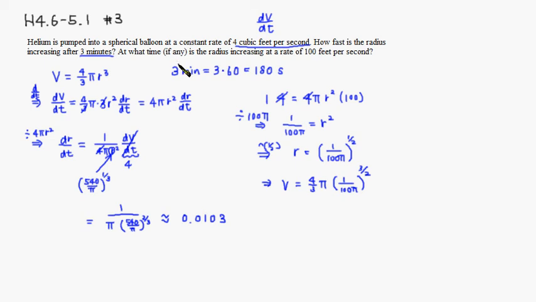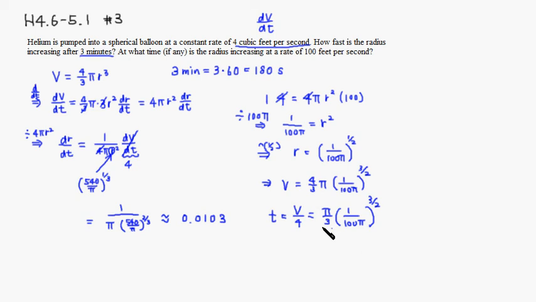Once you have the volume, then we know at what time. Each second, it's going to increase 4 feet per second. In order to find the time t, you just divide the volume by 4, so the 4 cancels out. So you're going to have pi over 3 times 1 over 100 pi, raised to the 3/2 power.